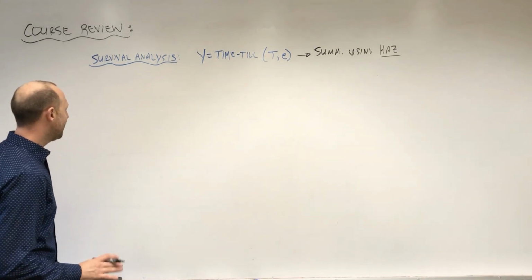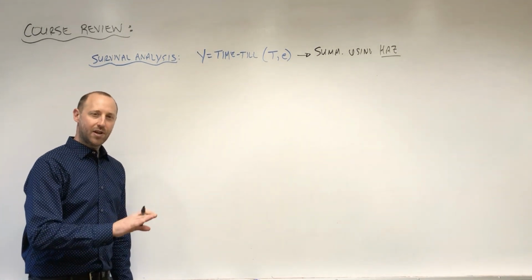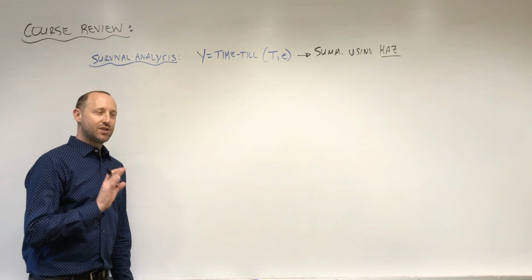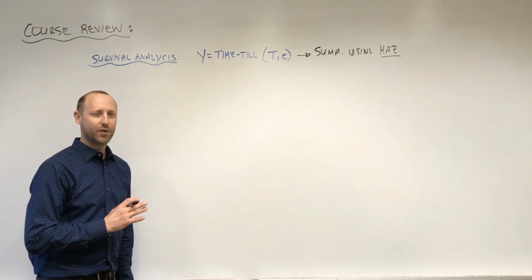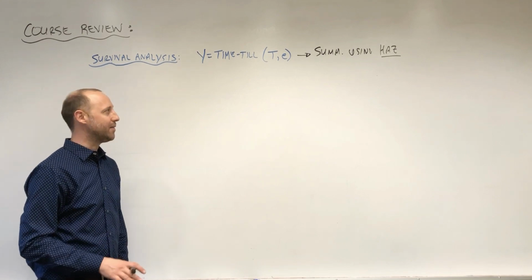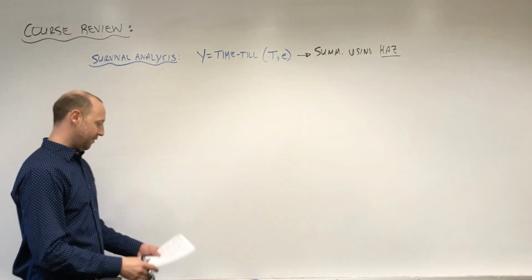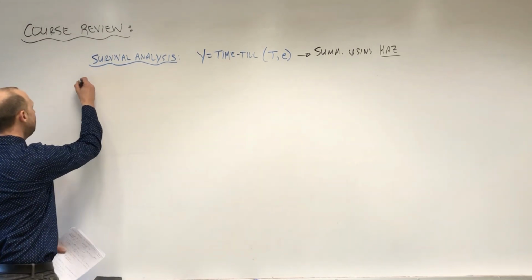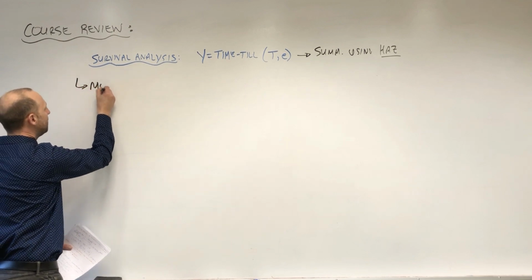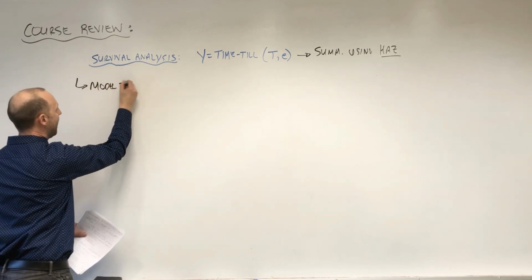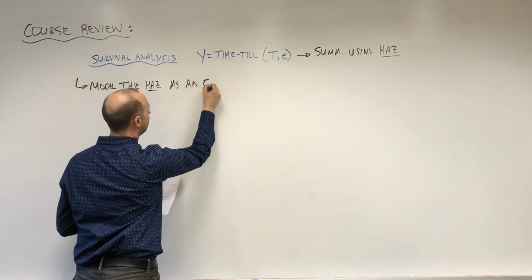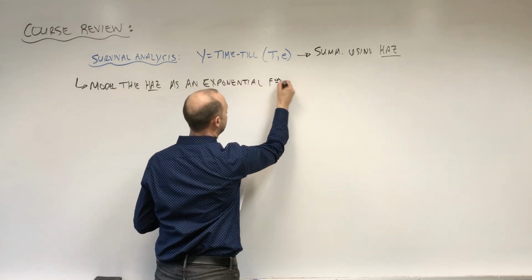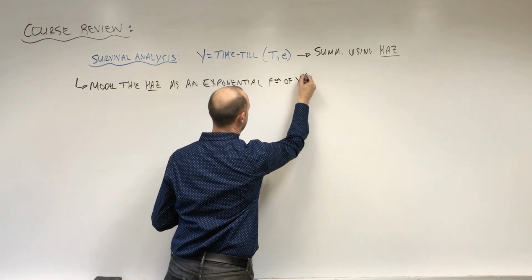And we saw within survival analysis, and I'm going to talk mainly about the survival regression models, we talked about, not the Kaplan-Meier model. We'll come back to that in a moment, but I want to stay on the theme of regression models that we've looked at. So we saw we can model the hazard as an exponential function of the x's.